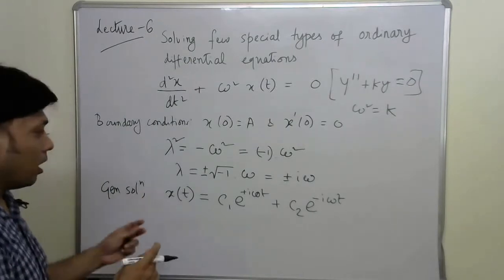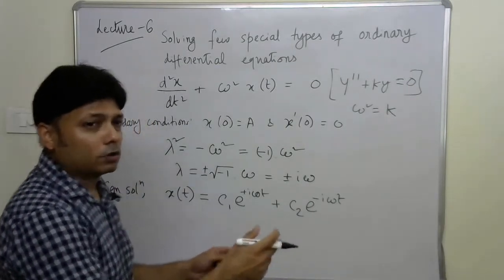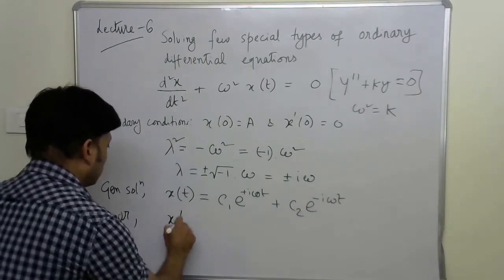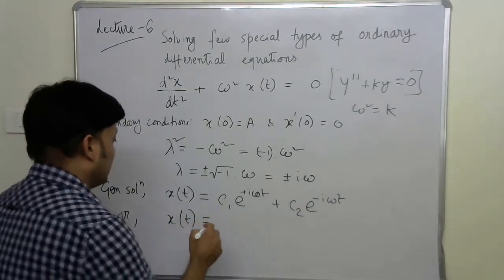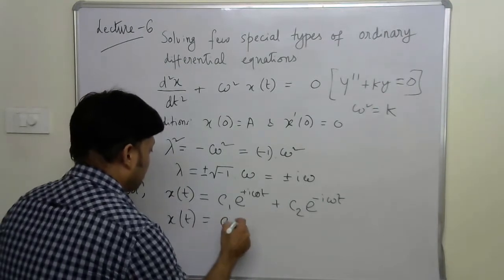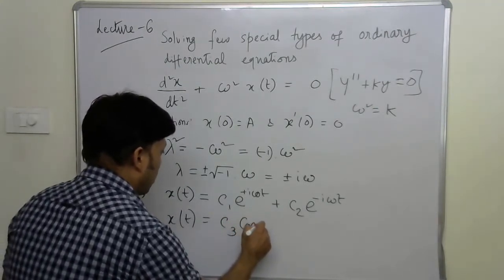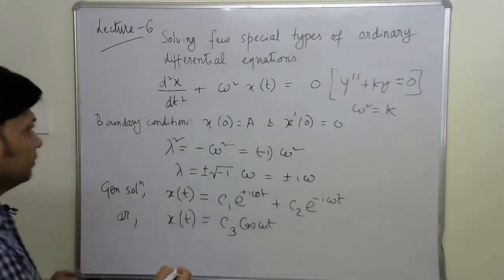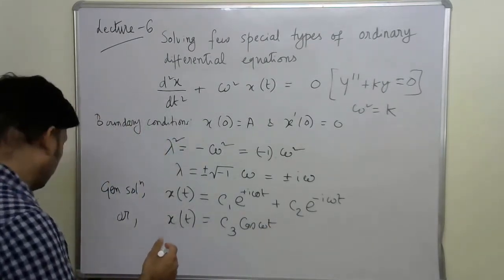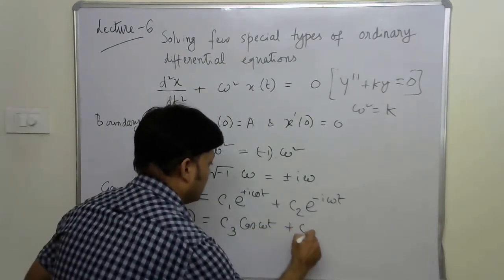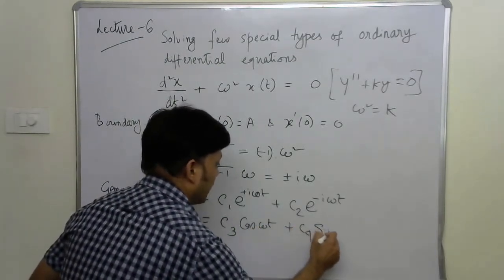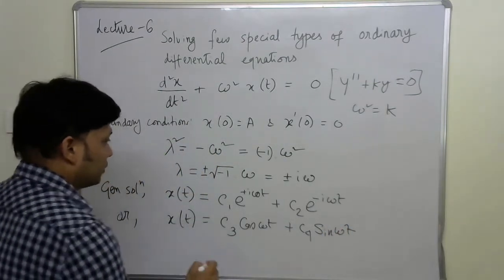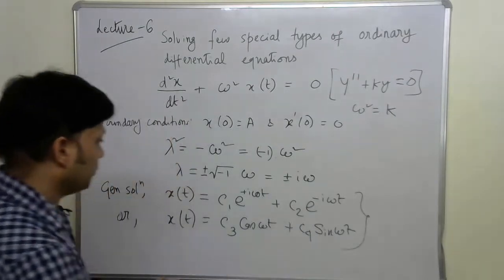So this is expressed in one form, and we are already familiar with how we can express it in its alternative form. We can write the alternative form as x(t) is equal to c3 cos omega t plus c4 sin omega t.